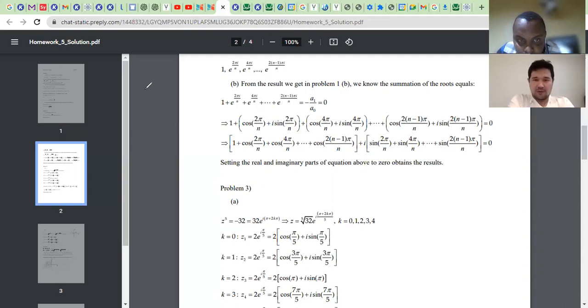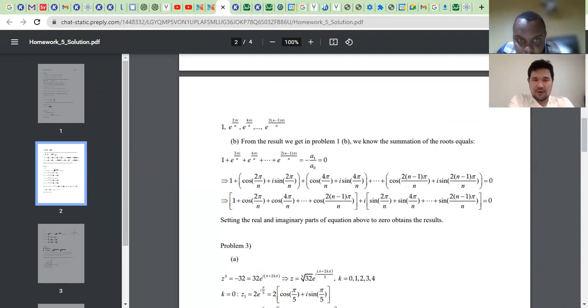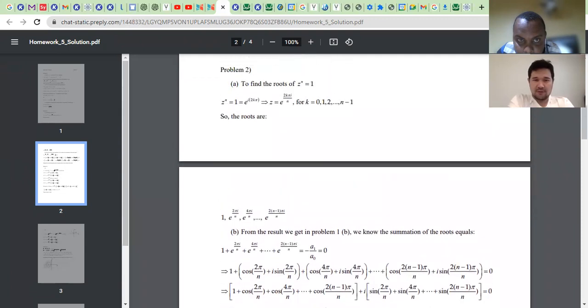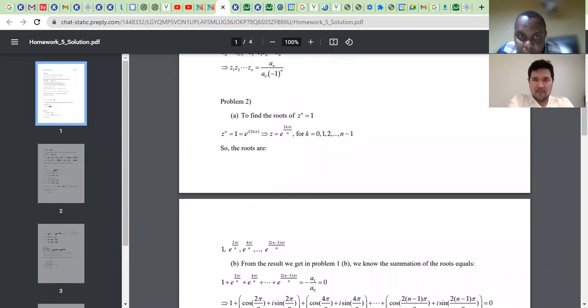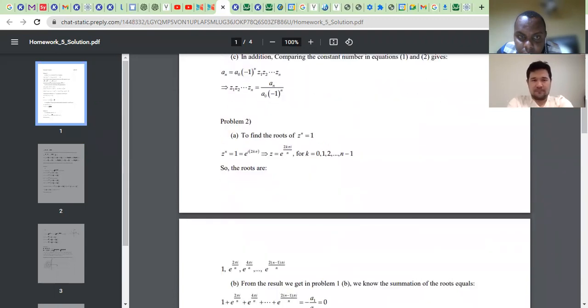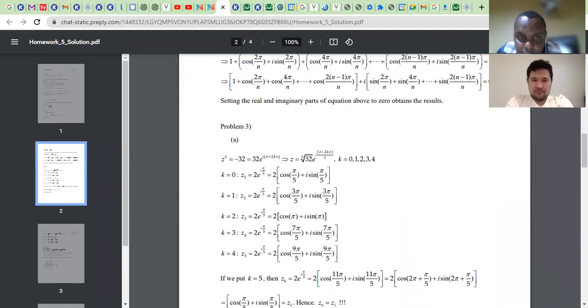Oh, look here. He's providing 2i. He's opening it. Okay, e^(i(π + 2kπ)/5).